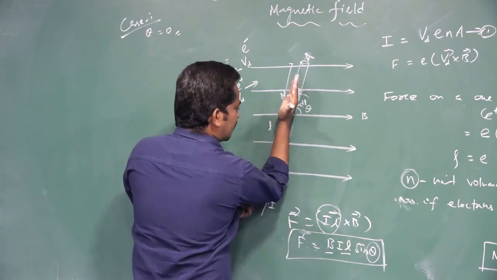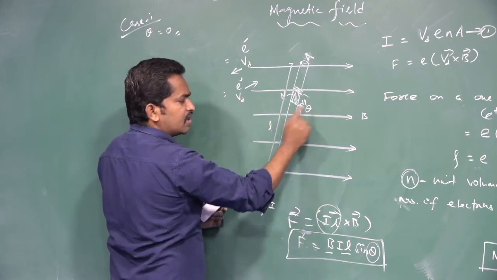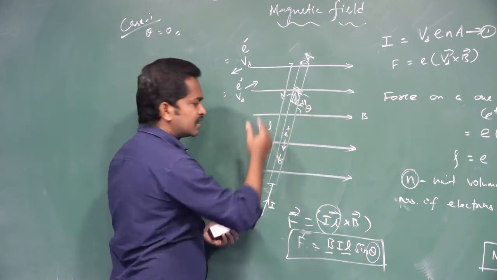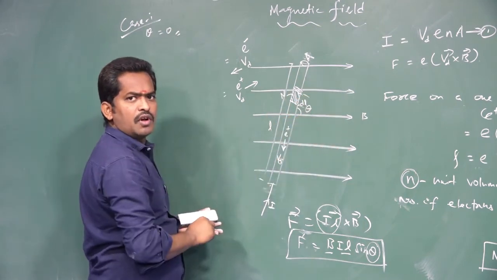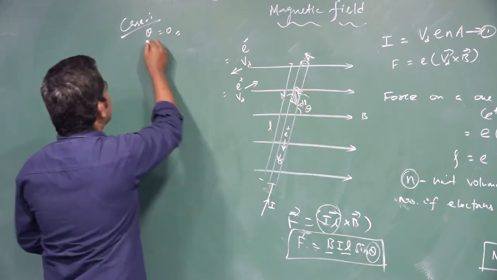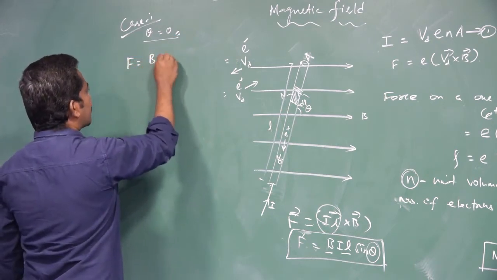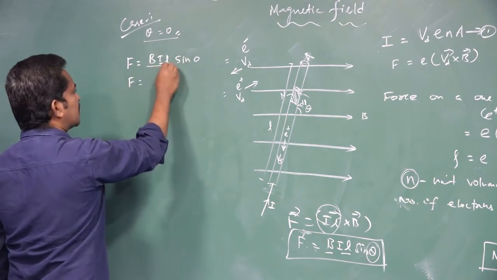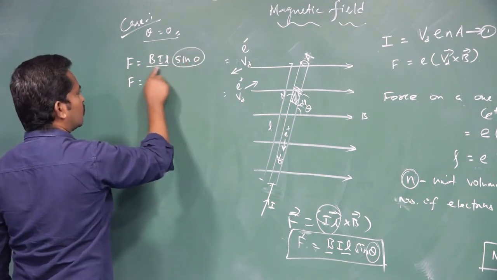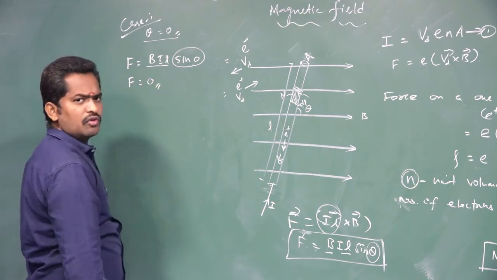If the length of the conductor is parallel to the field, theta value is 0. So F is equal to BIL sin 0, and sin 0 is 0, so 0 into BIL is 0. So there is no force.